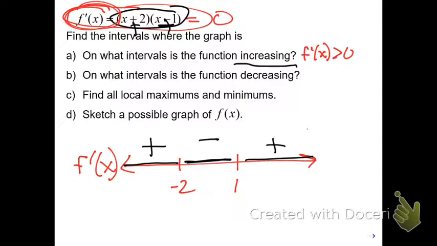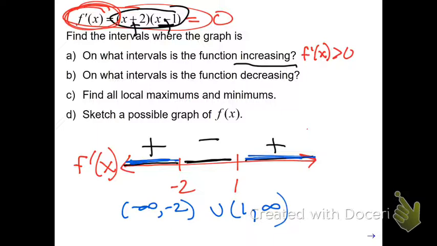So f of x will be increasing in the regions where f prime is positive, and you have to write that in interval notation. F of x is increasing from -∞ to -2 and from 1 to infinity. F of x is decreasing when f prime is negative, so it's decreasing in that middle section from -2 to 1.